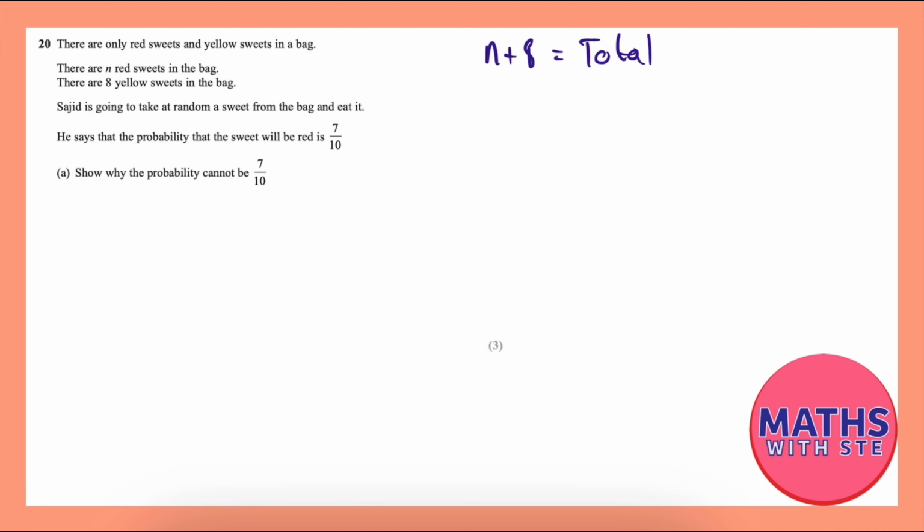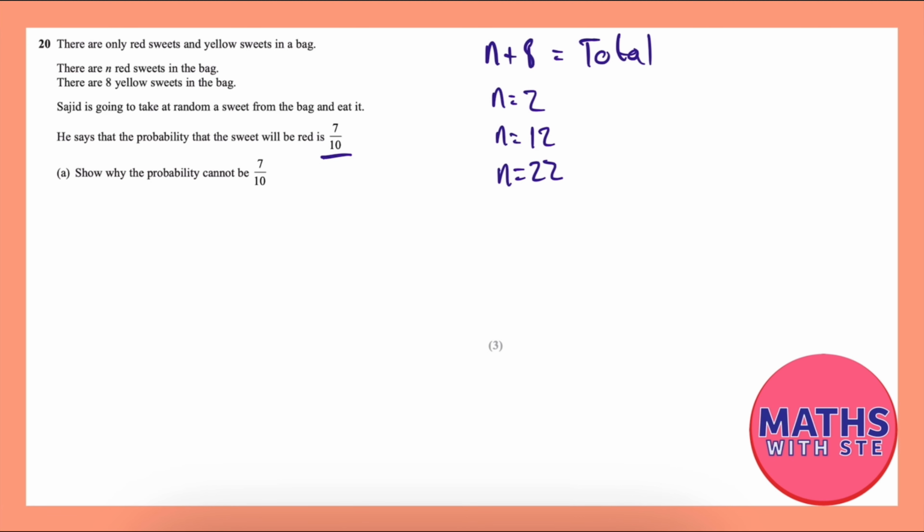Now, if the probability is going to be 7 over 10, then n has to be, well, you need to add it to 8 to make a multiple of 10, don't you? So n could be 2, or n could be 12, or n could be 22.